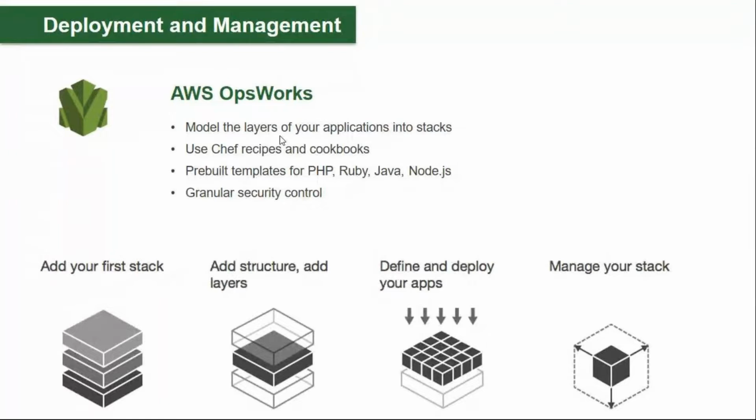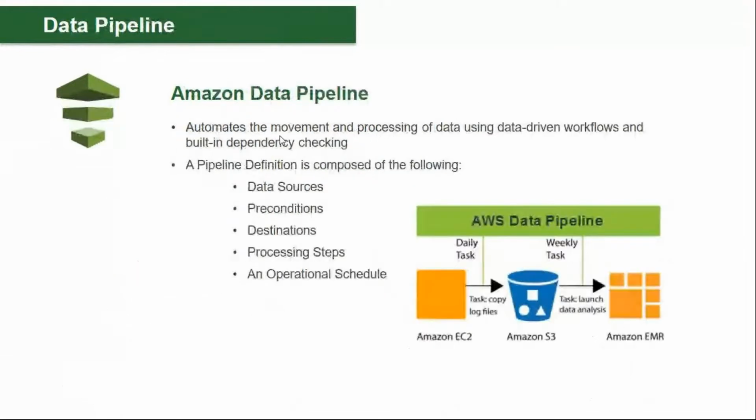So developers can use OpsWorks: add your first stack, then add a structure, add a layer, then define and deploy your application over that, and manage your stack. So you have granular security control over each of the stacks.